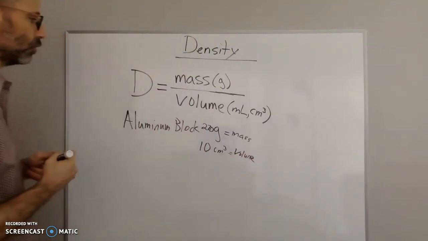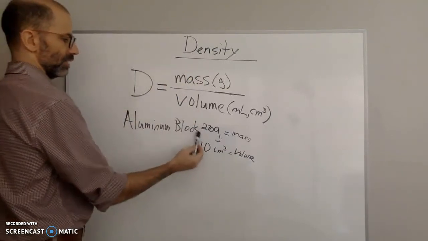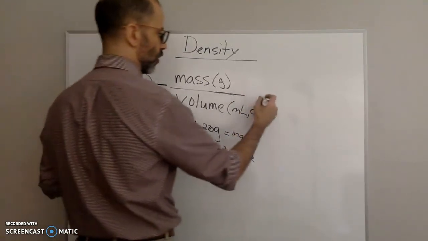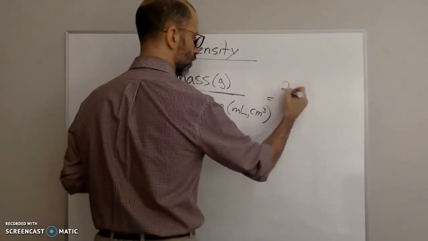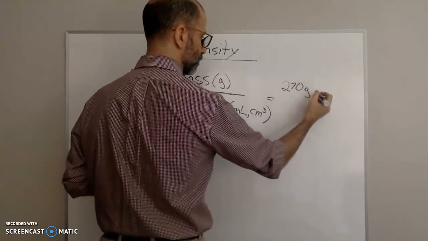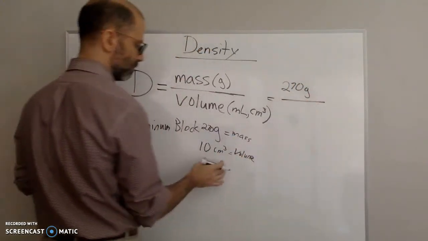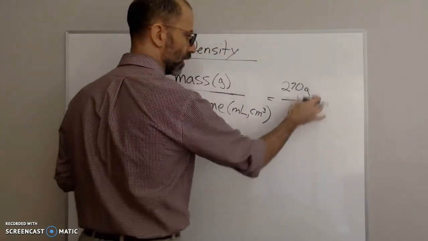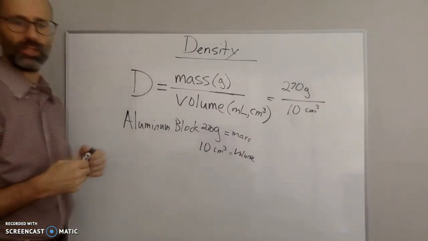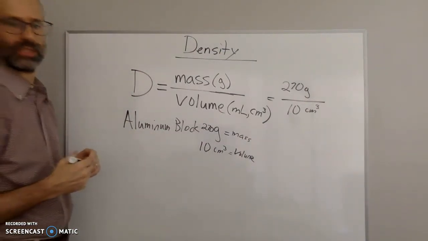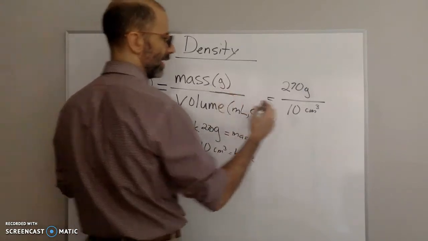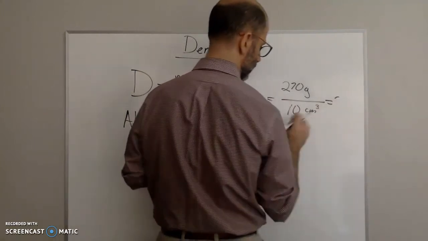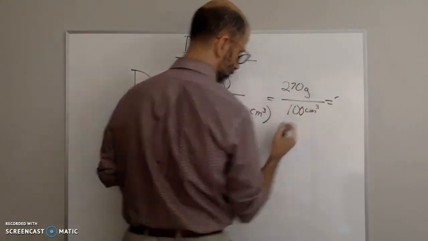So then what I would do is I would plug it in my equation. It's the amount of mass divided by volume. So I would then put 270 grams, divide that by 10 centimeters cubed, and you always keep the units. Don't drop units when you've got measurements. You always put the units in. And then when you divide, let's make this 100 so that it's accurate.